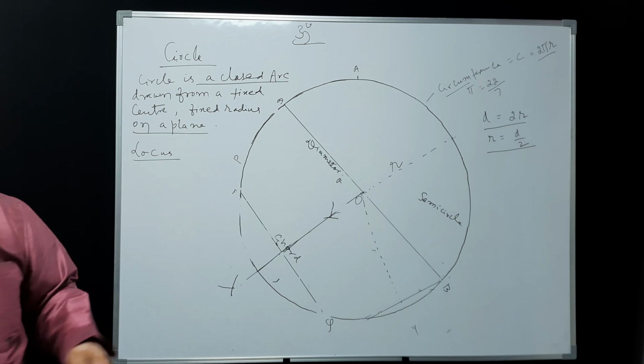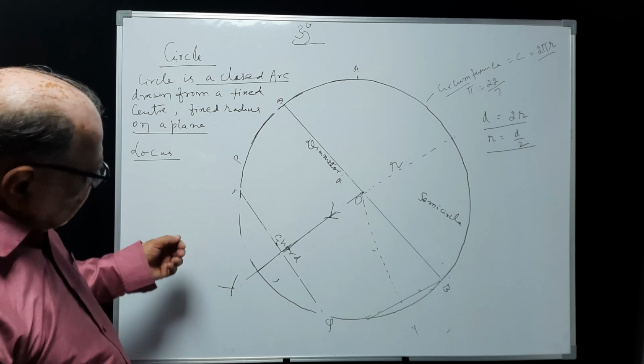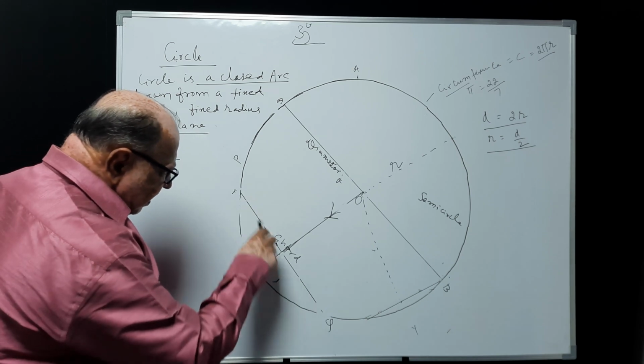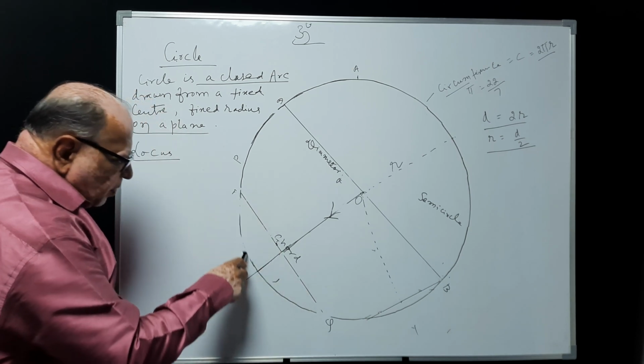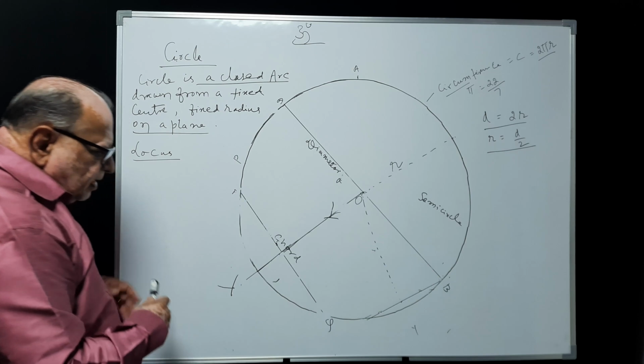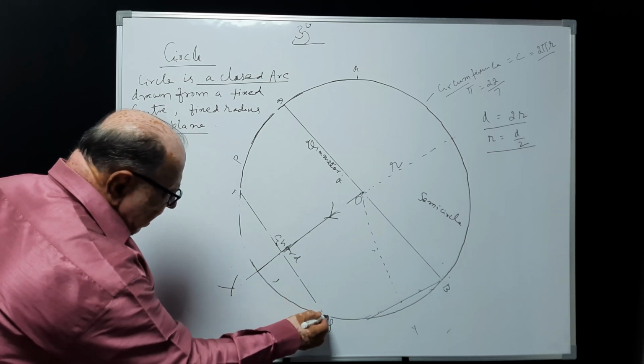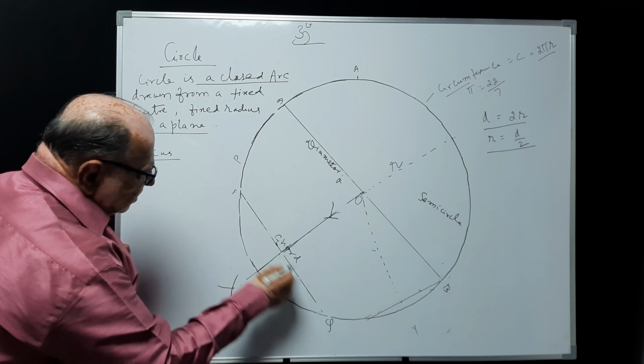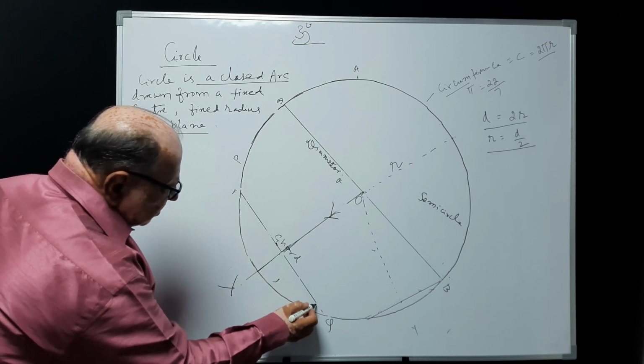And the other way also you can define a chord. Now you know that this is an arc. Whenever you draw a chord, there is an arc behind the chord. And when you join the ends of the arc, that becomes a chord.